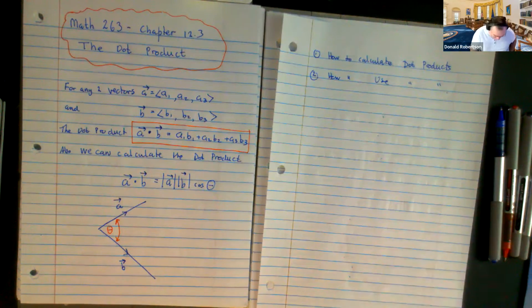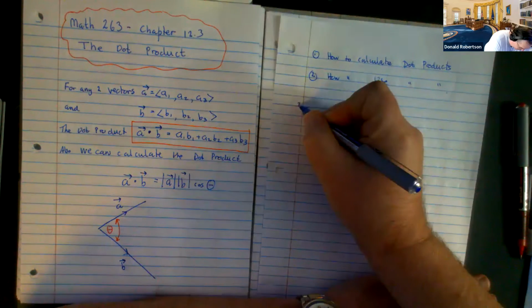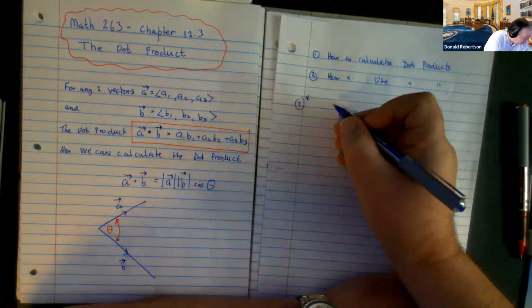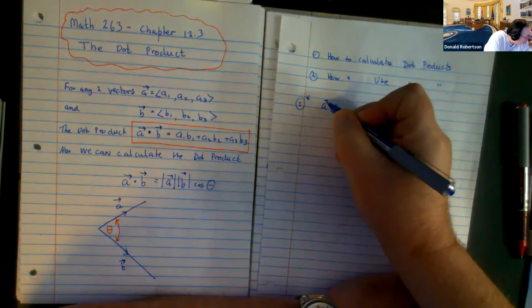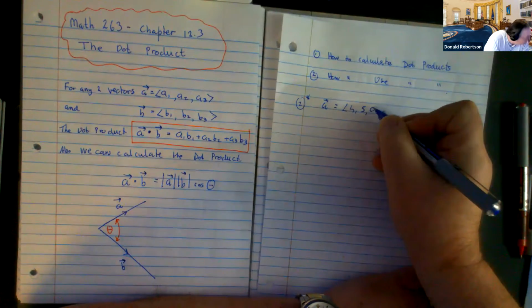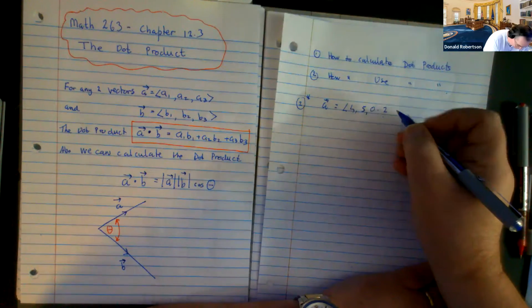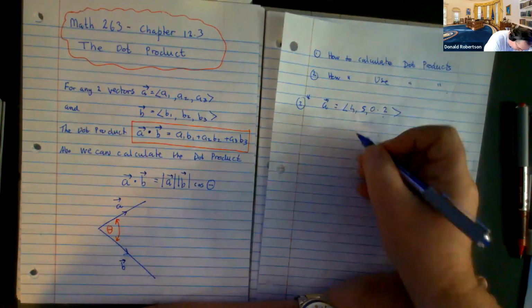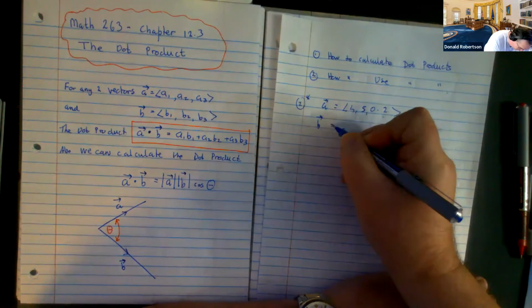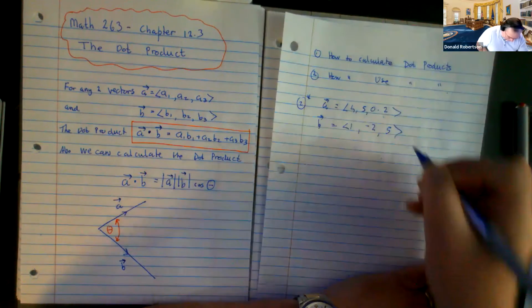And let's do some numerical ones. These are pretty much plug and chug. In question 2, the vector A is 4, 5, 0.2. Actually, it's a two-dimensional one, but who cares? I'm doing a three-dimensional vector of it: B is 1, -2, and 5.